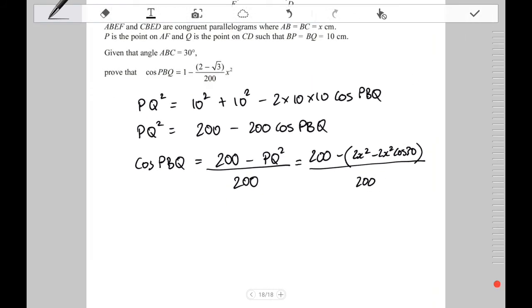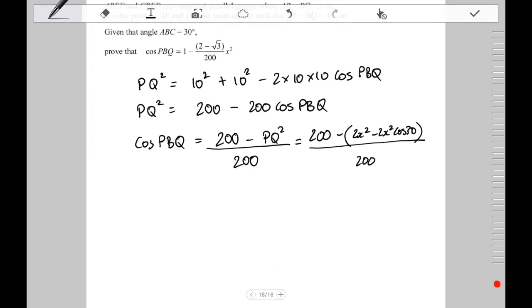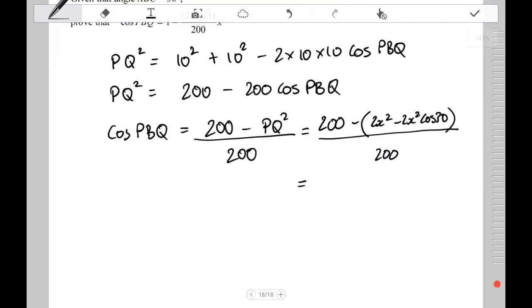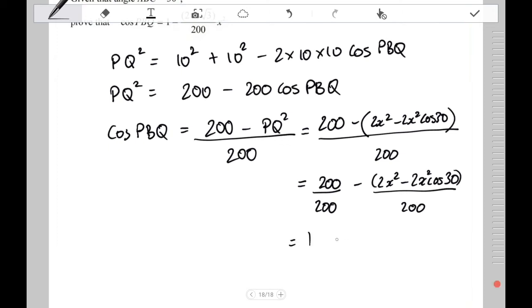How are we doing? Okay, well, let's simplify this one. 200 over 200 minus 2x squared minus 2x squared cos 30 over 200. This simplifies to 1.